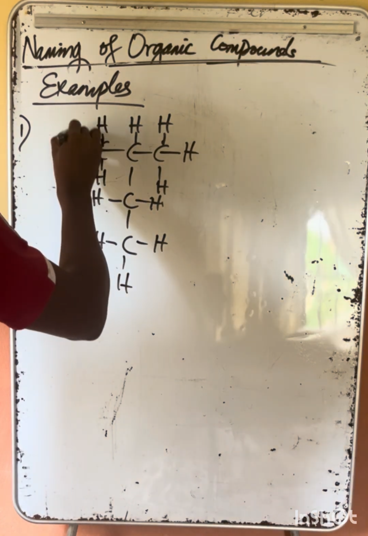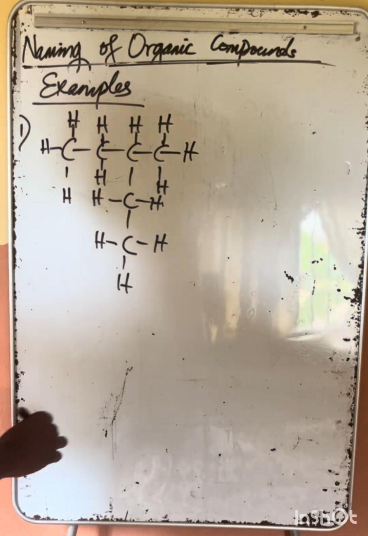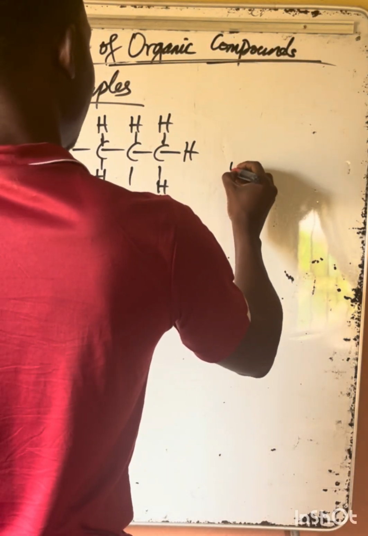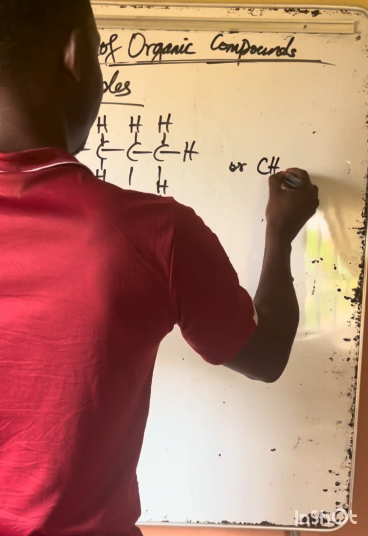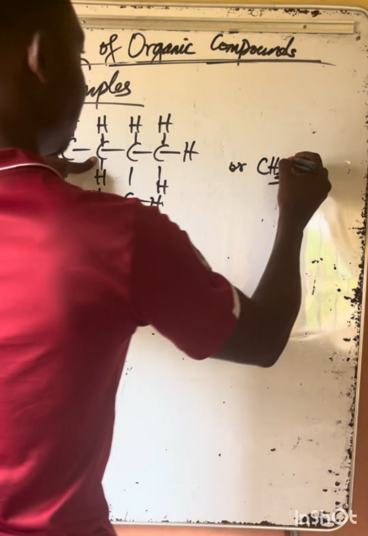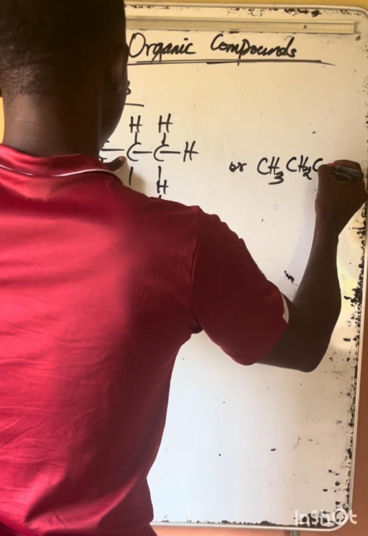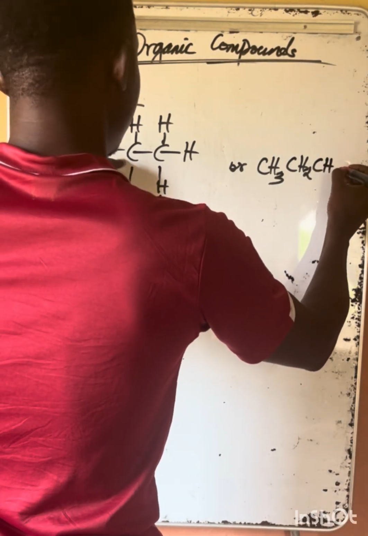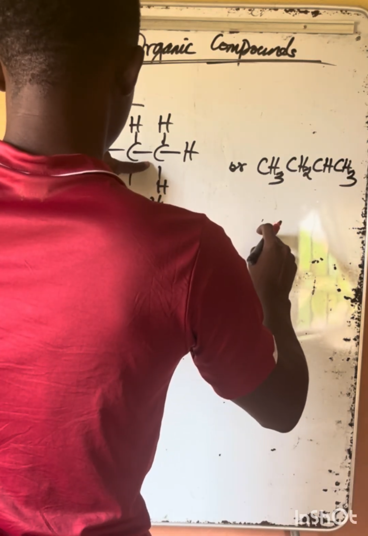I'll also give you the condensed or compressed version of this structure. So it is either this, or I can come here to say CH3, then CH2, then CH, then CH3.